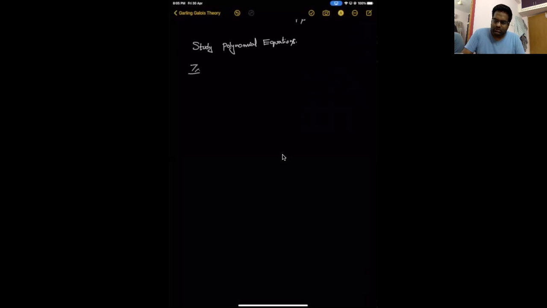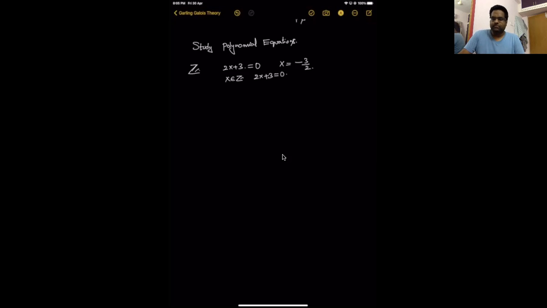Let Z be the ring of integers, and consider the equation 2x plus 3 equals 0. It is clear that this equation has no solutions in Z; that is to say, there is no element in Z for which 2x plus 3 is equal to 0, because 2x is equal to minus 3, and minus 3 cannot be factored into 2 times some integer.